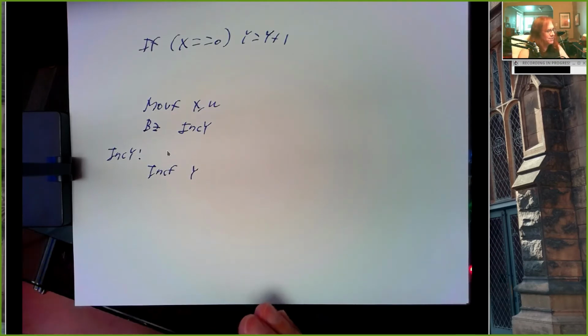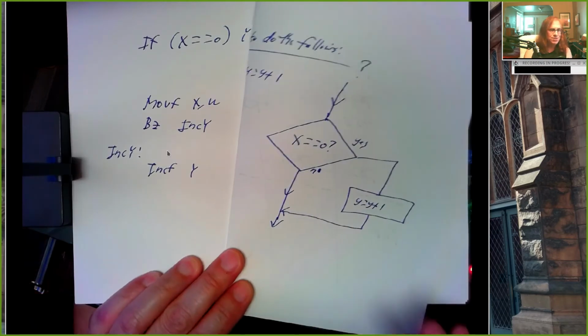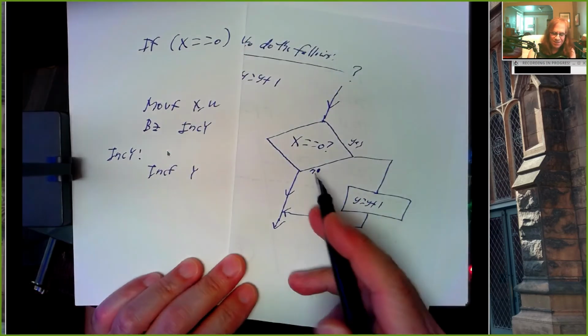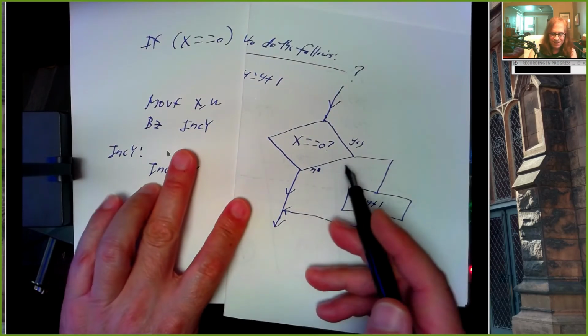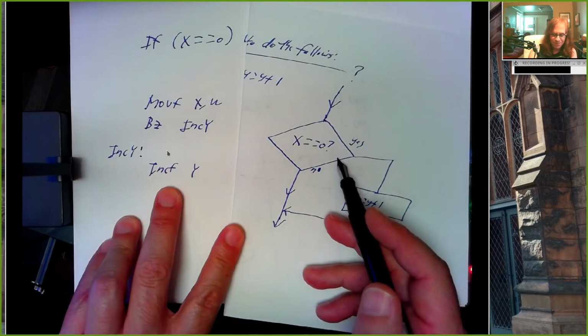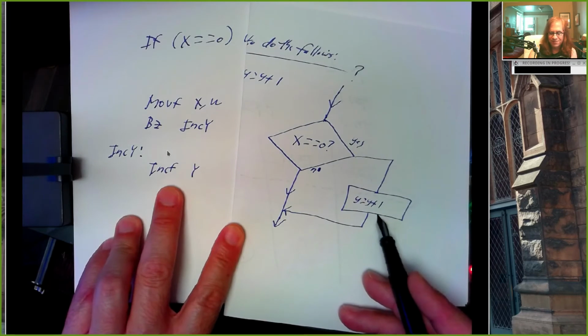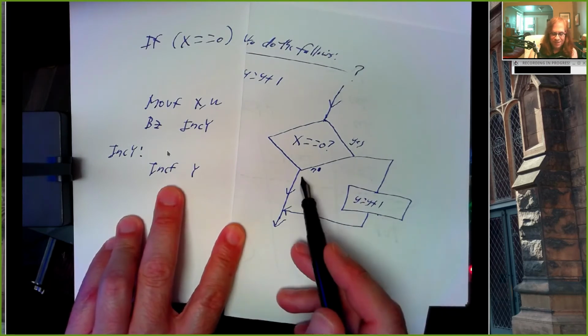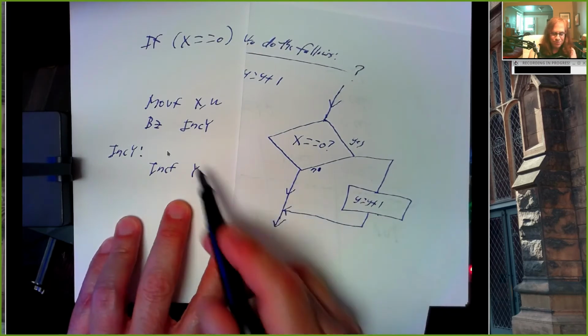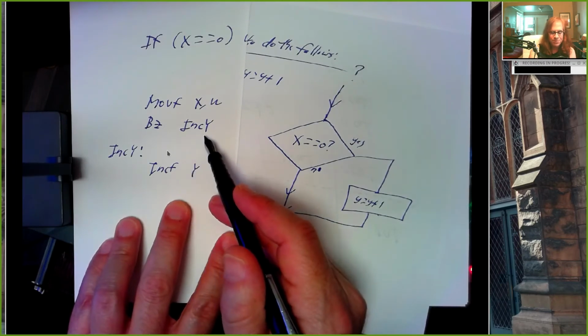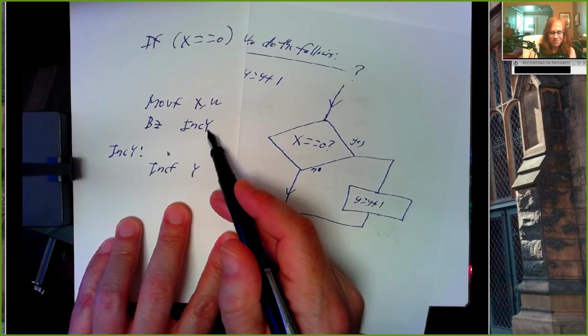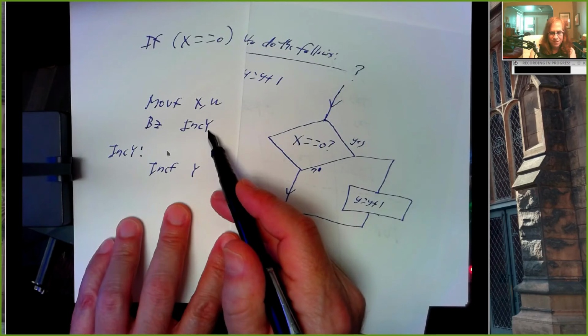And this might feel like it corresponds to this flowchart, but it doesn't, right? This says see if x is equal to 0, and if it is, then we're going to jump down here and do our increment of y. But if it's not equal to 0, what is this code going to do? If it doesn't take this branch, what's going to happen? It'll knock and then fall through.